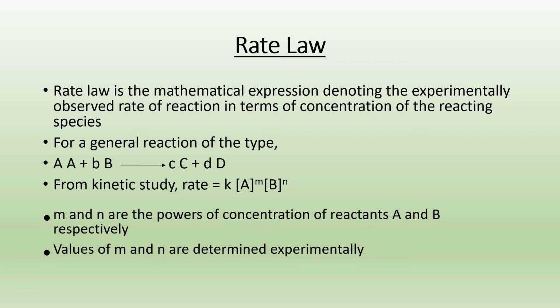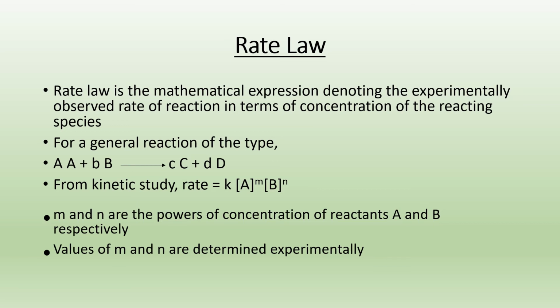So we can write for this reaction, the rate is equal to a constant k into concentration of A raised to m into concentration of B raised to n. Here k is the constant called rate constant. A and B in square brackets represent the molar concentration of the reactants, and m and n are the powers of concentration of reactants A and B respectively.